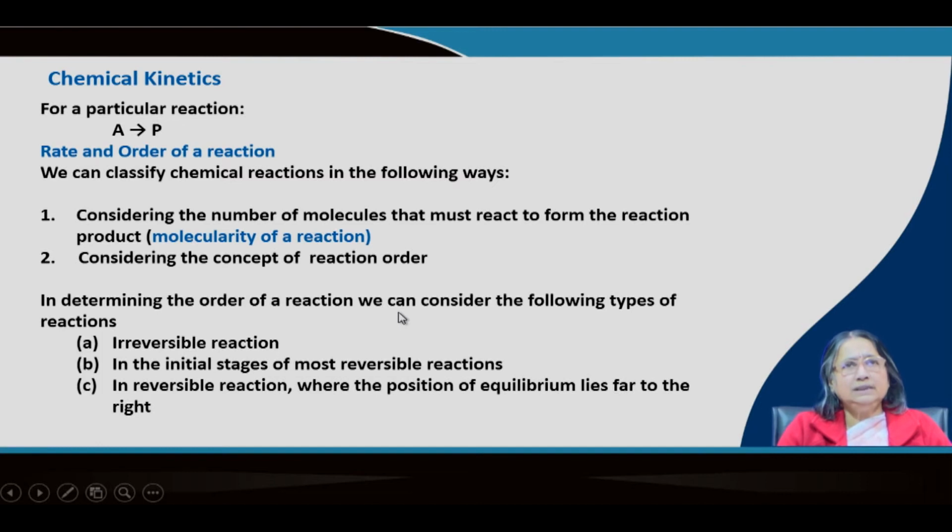Now, for which type of reactions should we determine the order? There are three types of reactions. The first is the irreversible reaction. Irreversible and reversible reactions I already discussed in the chemical equilibrium chapter, and so order we can determine for irreversible reactions, or in the initial stages of most reversible reactions.